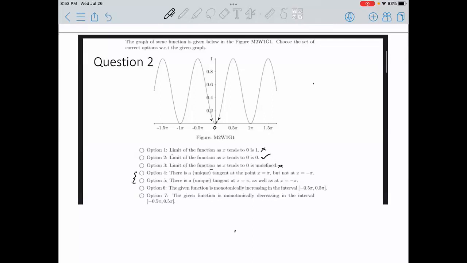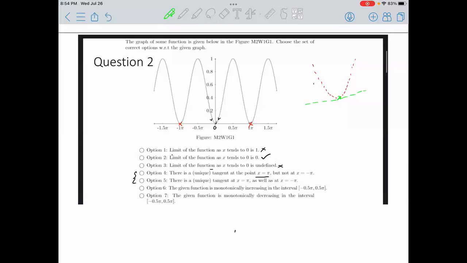Now there are options 4 and 5. It is a little bit tricky. There is a unique tangent at the point x equal to pi. This point is x equal to pi, but not at x equal to minus pi. What does unique tangent mean? If you want to draw a tangent at this point, parallel to the x-axis, only this point must touch.